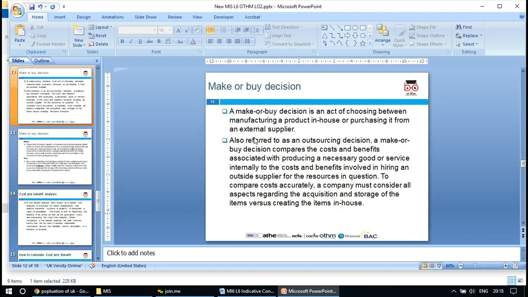Furthermore, the make or buy decision. The make or buy decision is whether you want to create a wheel or you want to buy the wheel. It is an act of choosing between manufacturing a product in house or purchasing it from an external supplier.